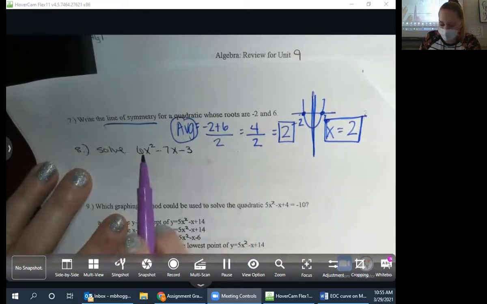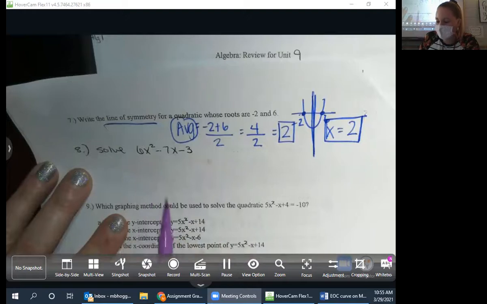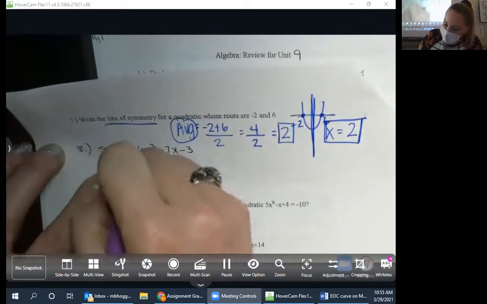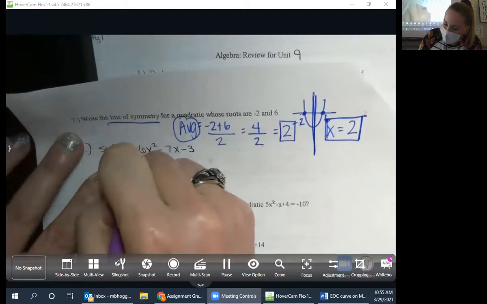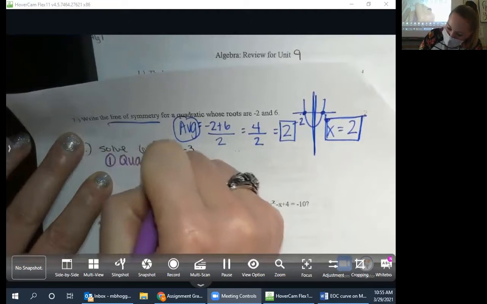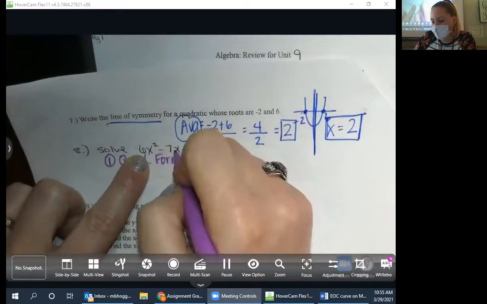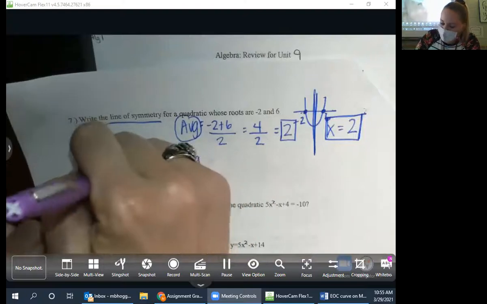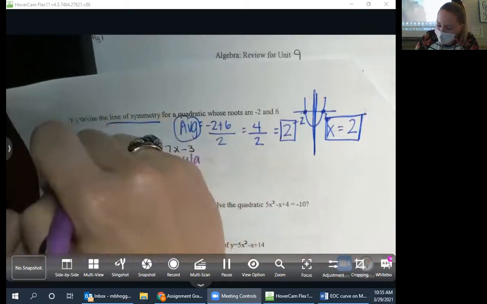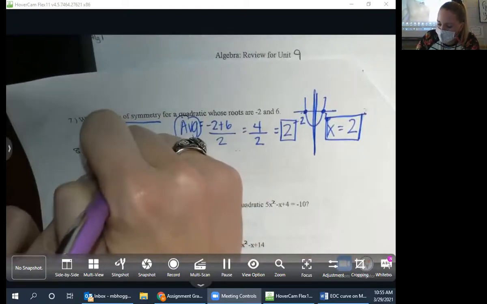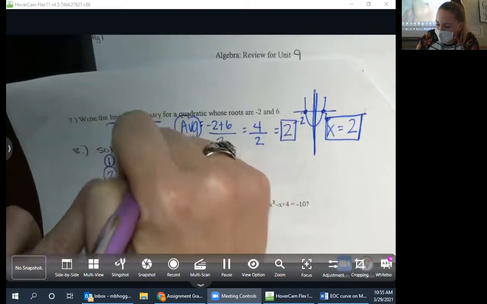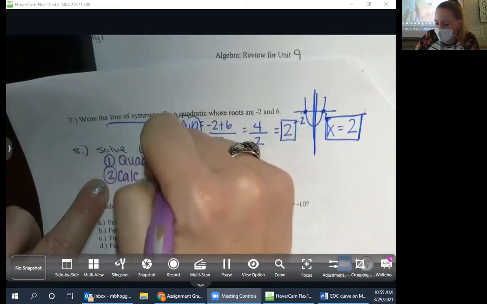All right, look at number 8. There are 2 ways to solve this. Way number 1, you could do the quadratic formula. This could be your A term, the B, and the C. Option number 2 is you could put it in your calculator and look to see where it crosses the x-axis.